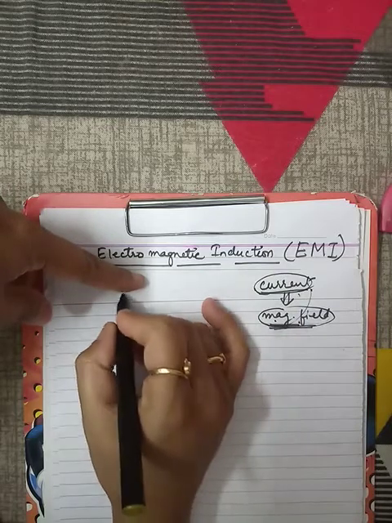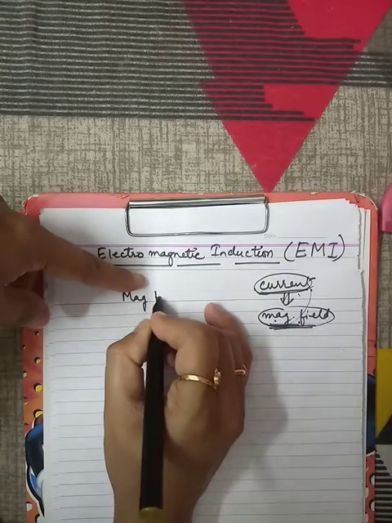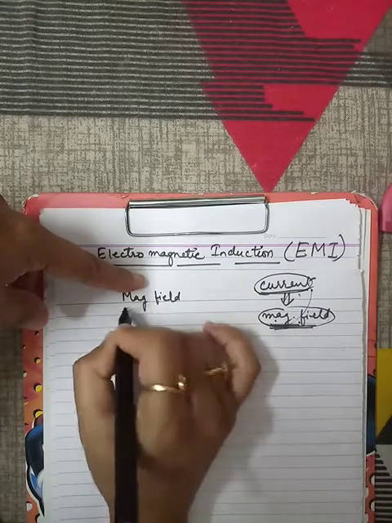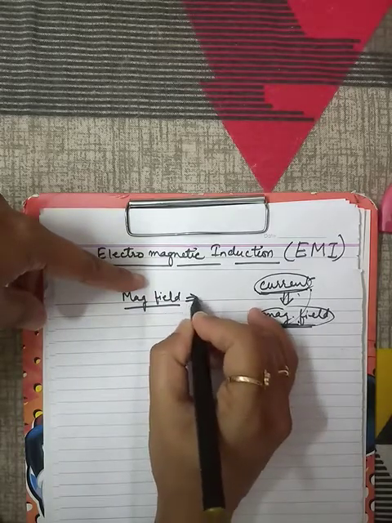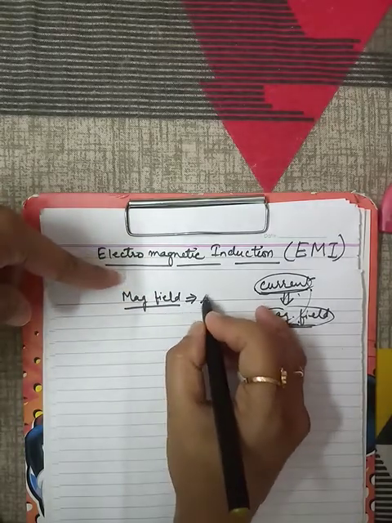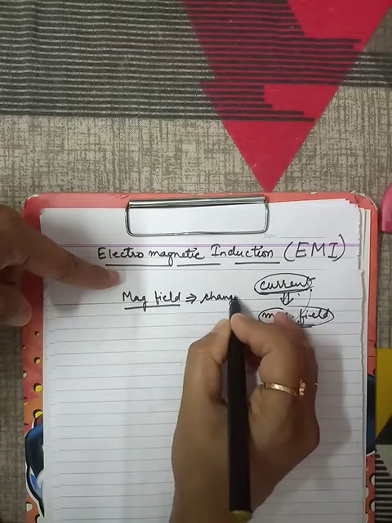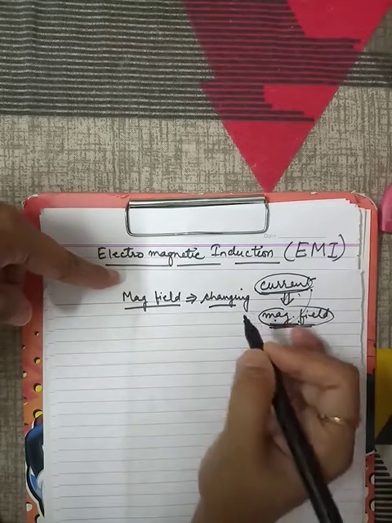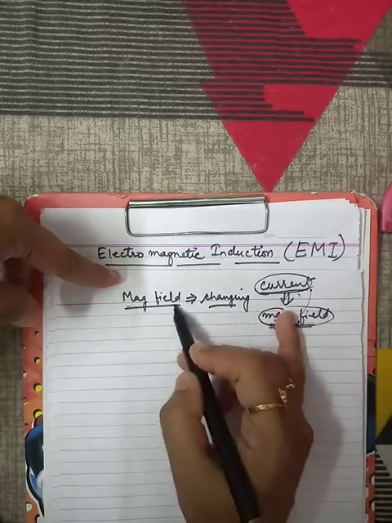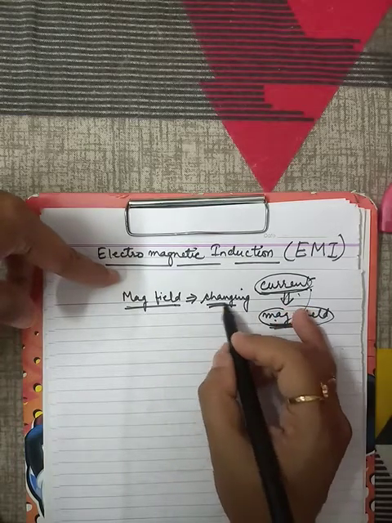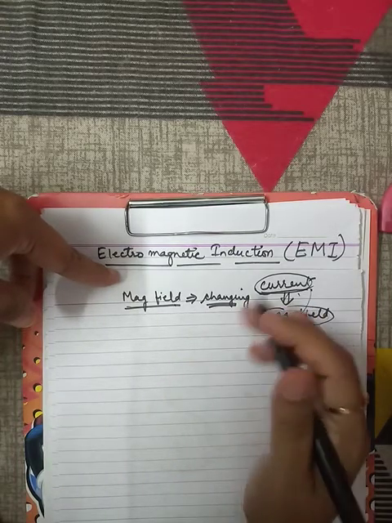Now, magnetic field, if we are having a changing magnetic field, there's a difference in both the terms. We are having a magnetic field over here, and we are having a changing magnetic field. The difference is there.